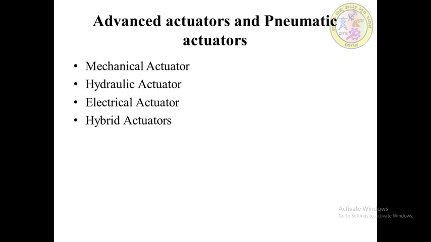The steering gear of a ship is a best example of a hydraulic actuator, in which hydraulic pressure is used to move the rudder actuators. Likewise, there are different kinds of actuators which are involved for robots. The third one is the electrical actuator.